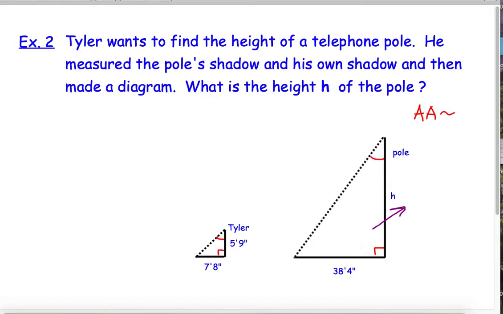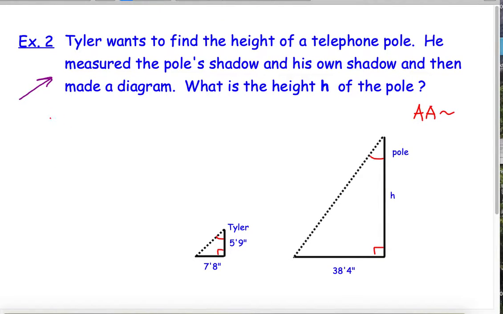Or we could reverse it, the height of the pole to Tyler, the pole's shadow to his shadow, etc. So there's a lot of different ways that we can set up a proportion. But that's not going to be the tricky part here. So I'm going to go 5 feet 9 inches over h should match up with 7 feet 8 inches over 38 feet 4 inches.